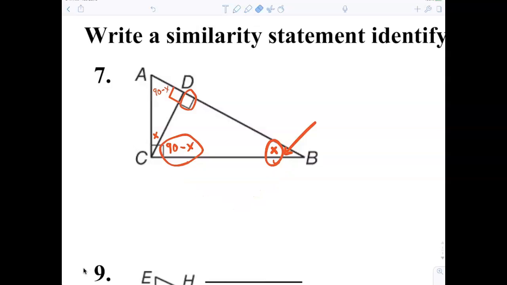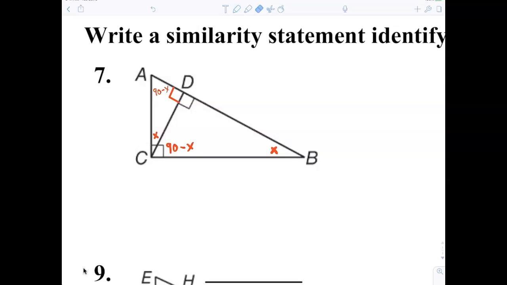Now, from that little bit of information, you're supposed to be able to see that those triangles are all now what? They're all similar. Is everybody with me on that? So anytime you draw in a right triangle the altitude from the 90 degree angle to the hypotenuse, it creates 3 similar triangles. Does everybody see that?